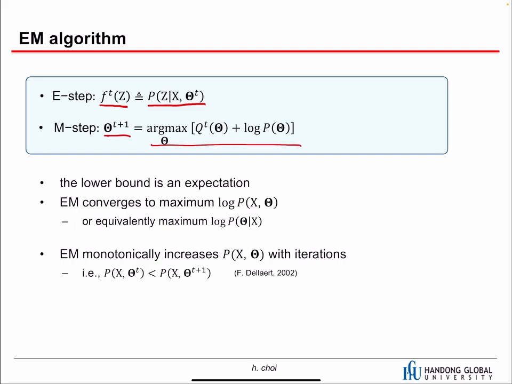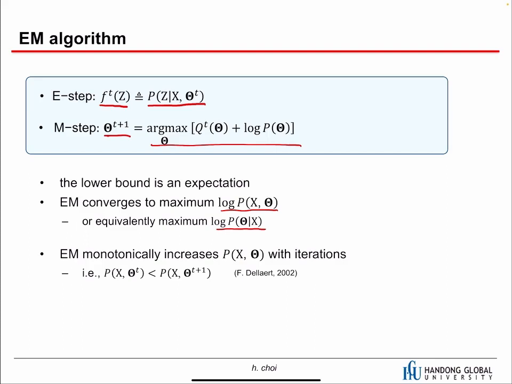In the EM algorithm, the lower bound is an expectation. Then EM converges to a maximum log probability, or equivalently maximum log posterior probability, joint probability or posterior probability. Or if we start maximizing the likelihood, then it converges to the maximum likelihood.